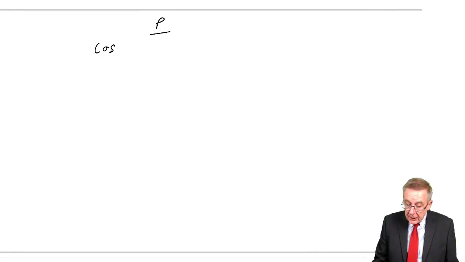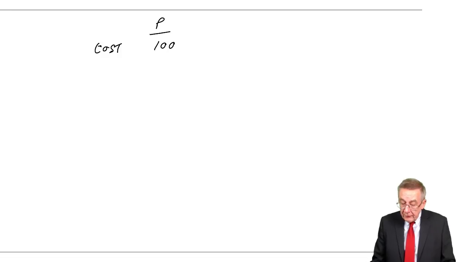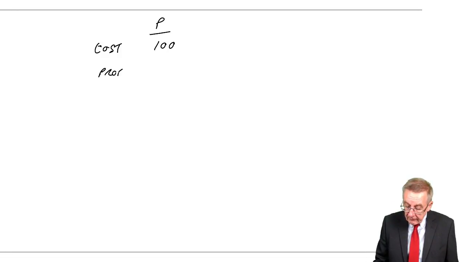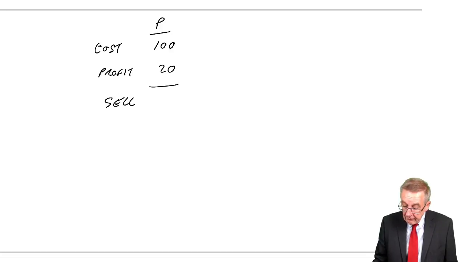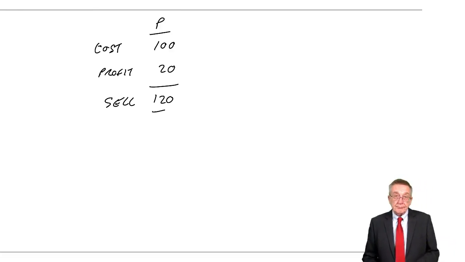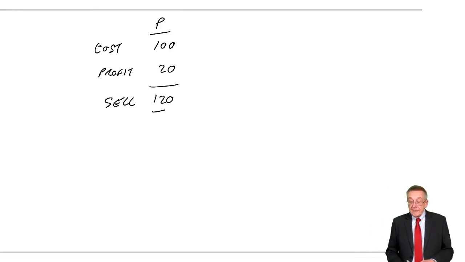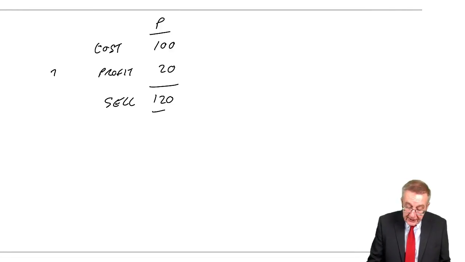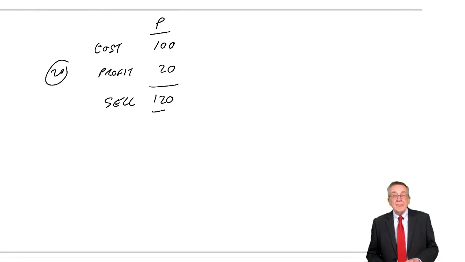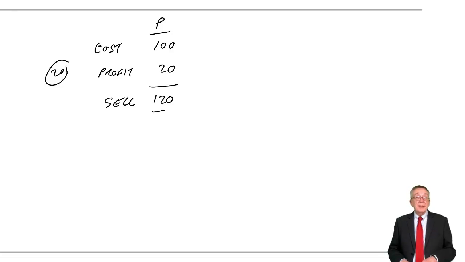Maybe they've got goods that cost them 100. They add on a profit of 20. And they sell them at 120. And obviously that profit will have gone to their retained earnings. As far as they're concerned, they've made a profit of 20.